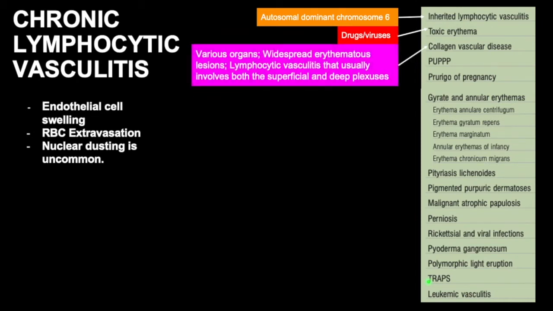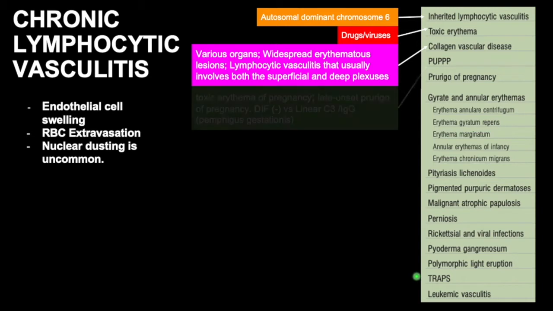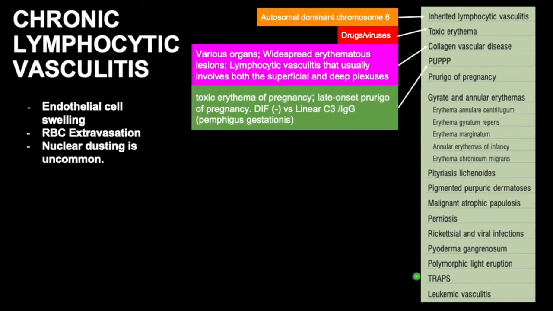Collagen vascular disease usually affects various organs and causes widespread erythematous lesions, and usually you see lymphocytic vasculitis that involves both the superficial and deep plexus. In prurigo or pregnancy-related lesions, PUPPP is usually the toxic erythema of pregnancy.